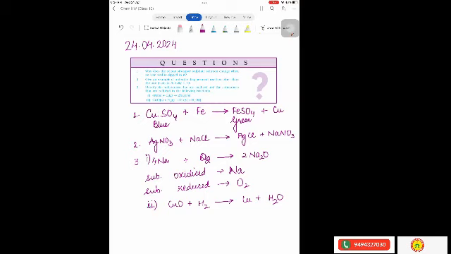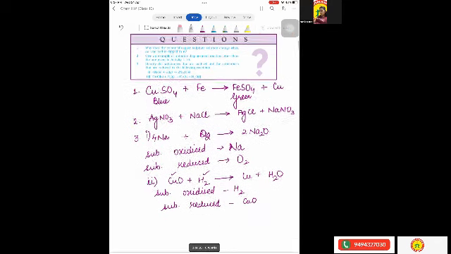Ma'am, hydrogen is getting oxidized. Substance oxidized is hydrogen. And what about the substance reduced? Ma'am, it's copper. It's not copper, Abhigya, it's copper oxide. Yes, ma'am. Reactants are the part of these answers. Okay. Fine. Clear, everyone? Any doubt, anyone? No, ma'am.